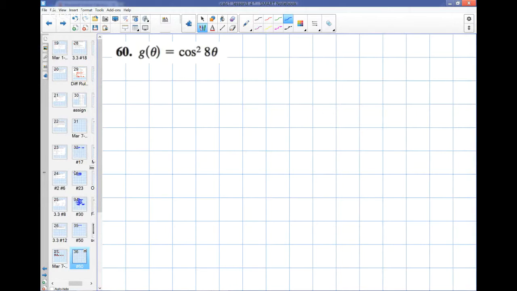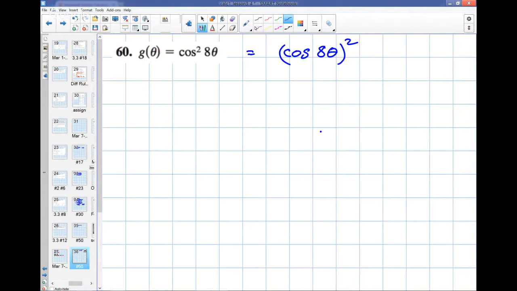Doesn't that really mean the cosine of 8 theta, squared? That's what that notation means. And unless you see it that way, you can't see what the outer function is. And hopefully now you can see that the outer function is the squaring. So when we're going to take a derivative, we have to do the power rule first.